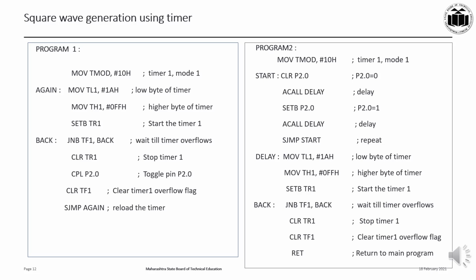When a delay subroutine is called, the program control transfers to delay, and in the delay subroutine we have written a program for loading the original count FF1AH, starting the timer, and checking the overflow flag. Once overflow occurs, we stop the timer, clear the flag and return to the main program. So the delay subroutine, which is called in between toggling of port pins, is generated using timer 1 of 8051.